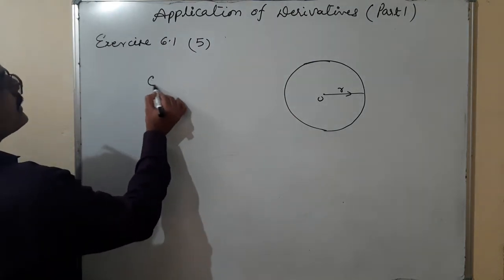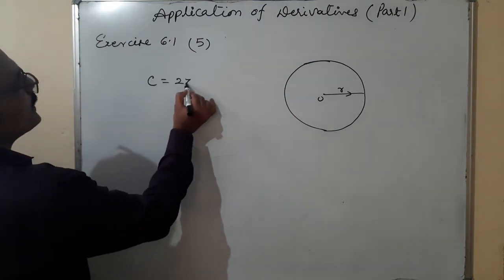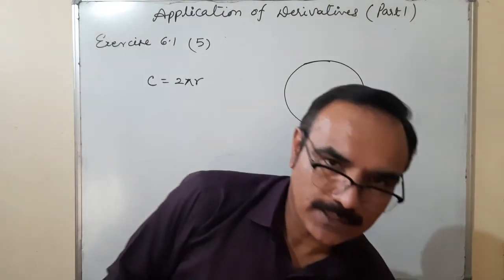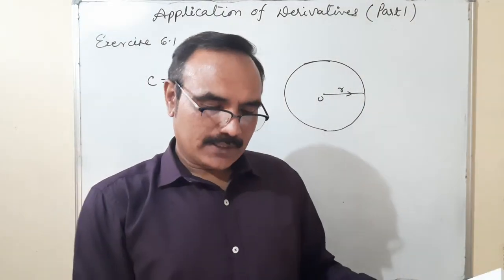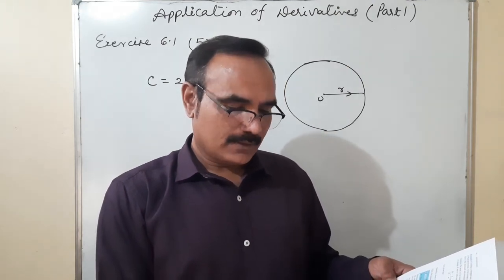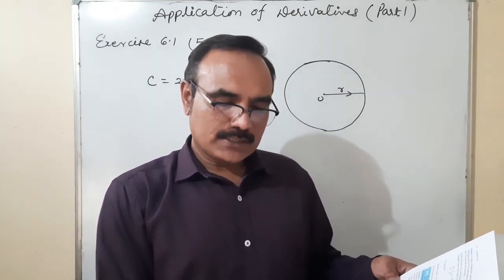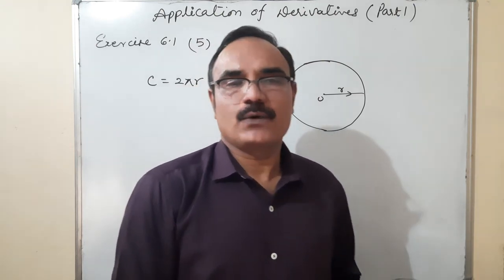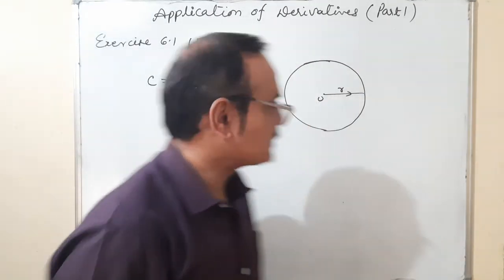I write here C is equal to 2 pi R. Okay, C is equal to 2 pi R circumference, and the speed given here is 5 centimeter per second. What does it mean?